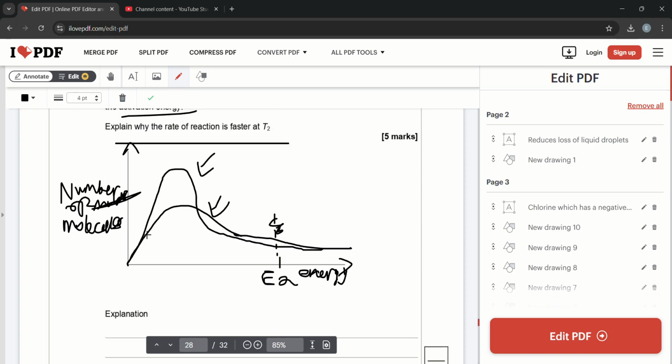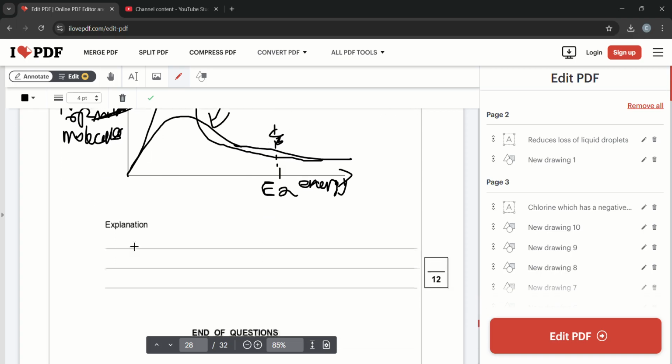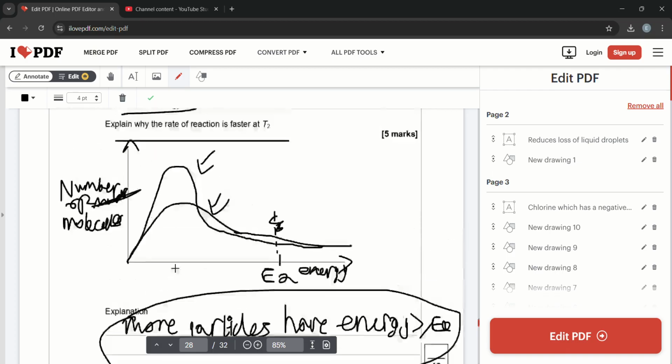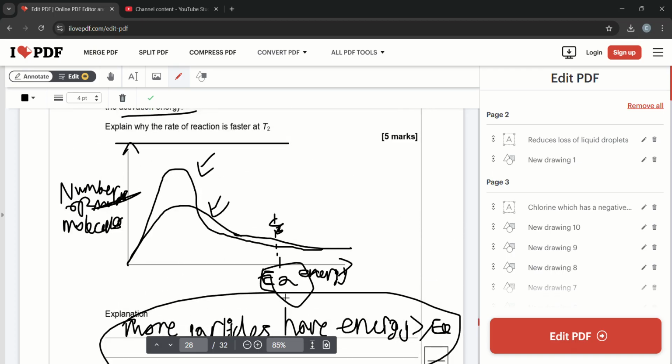And explain why the rate of reaction is faster at T2. Well, it's because more particles have energy greater than or equal to the activation energy. Also make sure that the Ea, the activation energy, is on the x-axis. Don't put it up here, which I could see myself making mistakes.